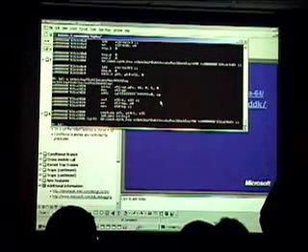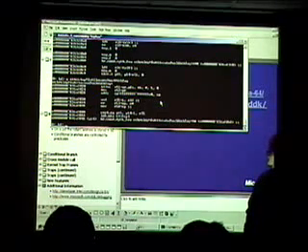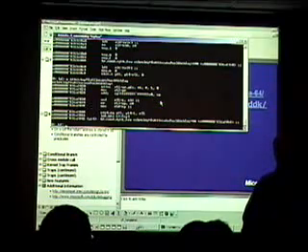Now, of course, what gets really exciting is that the IA-64 architecture does allow for things like out-of-order writes.